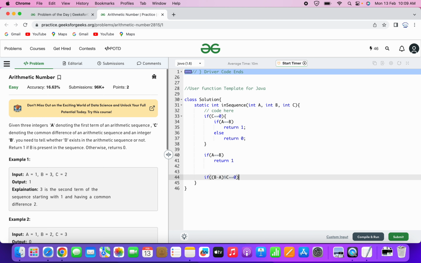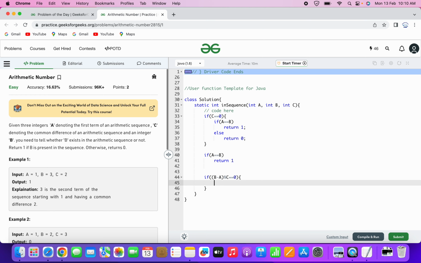That means we are subtracting A from B and we are checking whether that number is divisible by C or not. If this is divisible, that means we are following that common pattern, that B is a part of that common pattern, because after appending C to each instance of A, we will reach B. That's why this expression will be valid there, that B minus A, if you divide it by C, then we will get some number. That means some divisor will be there and that number will be divisible by C. In that case we will get the remainder as 0. So this scenario is written there.